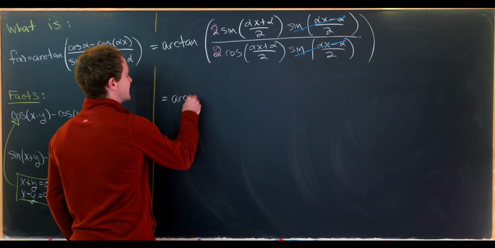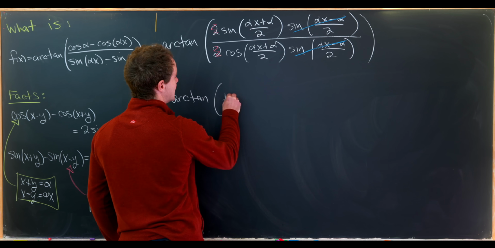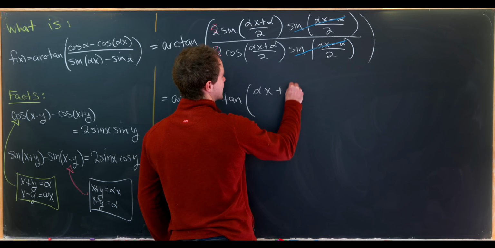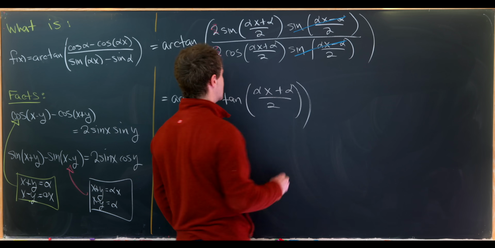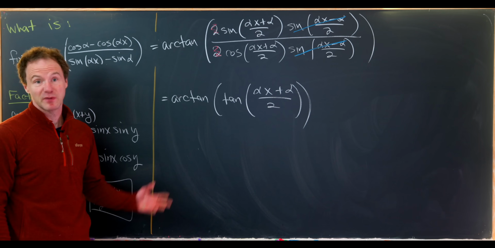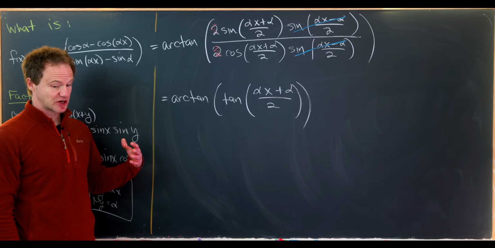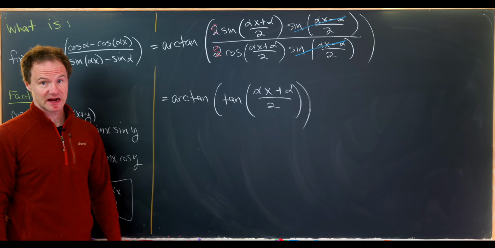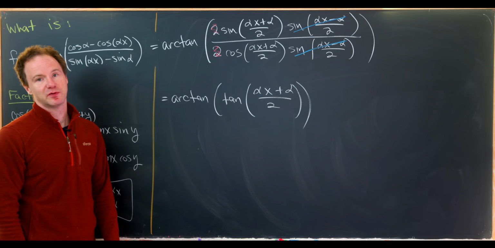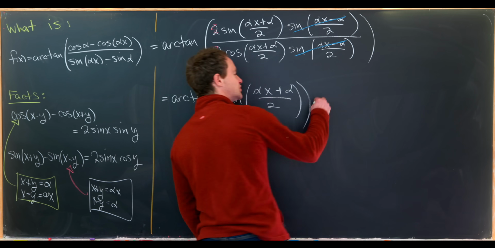So this leaves us with the arctan of the tangent of alpha x plus alpha over 2. And you might say, well, the inverse tangent and the tangent just cancel each other, but they don't. They cancel each other if the argument is between negative pi over 2 and pi over 2, but otherwise you're off by a multiple of pi. And so let's just point that out.